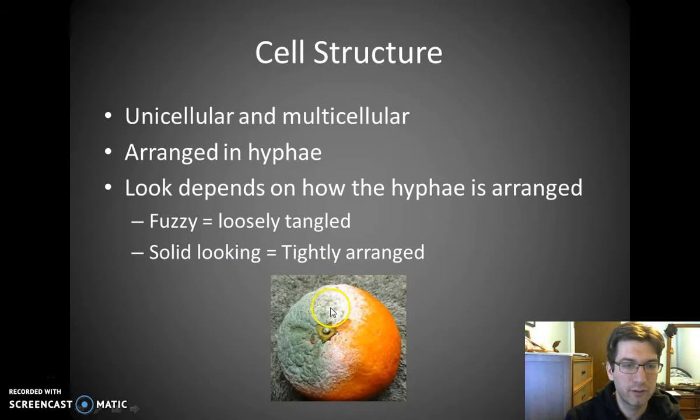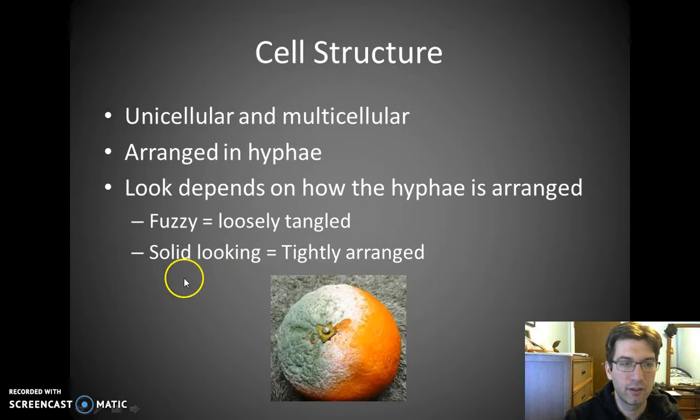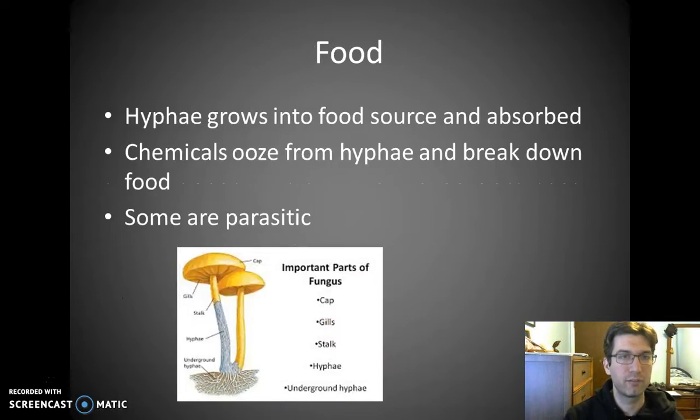If you're fuzzy, like mold that grows on an orange, this is what we consider a loose tangle of hyphae. So we have a loose arrangement there. If you're solid, like this mushroom, then we have a solid looking shape and a tight hyphae arrangement. So it depends on how these hyphae are arranged, and we will get better images of what hyphae is coming up.